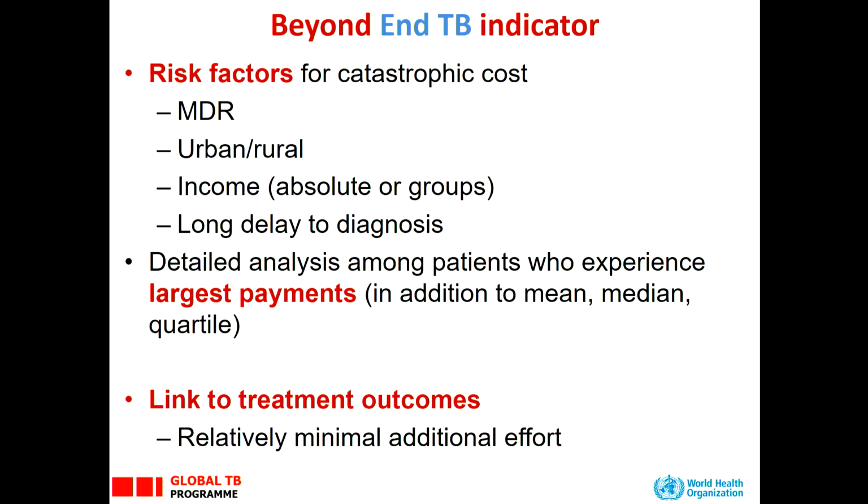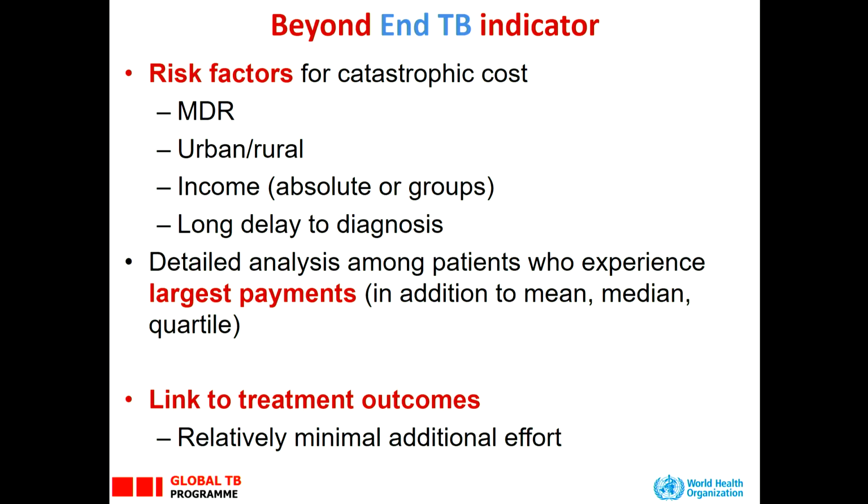And beyond the NTB indicator measuring, the survey allows us to look at the risk factors for catastrophic cost: being an MDR patient, being in a certain setting, urban or rural, belonging to a certain income group, having a long delay to diagnosis.